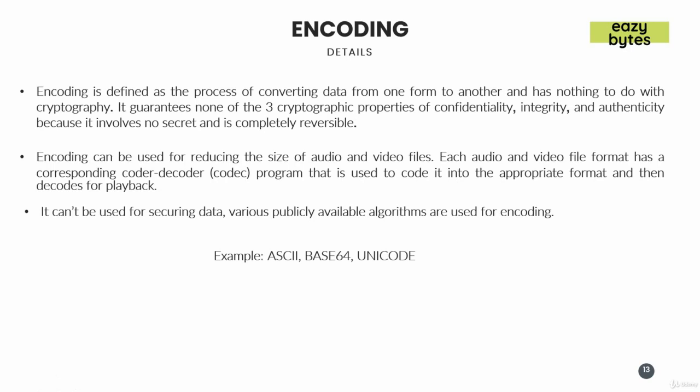But where do we use encoding? We use it mostly for converting data from one form to another, like for compressing my data. Like I want to send data to the backend, but instead of sending it in its original form like an image or audio, I'll compress it into a binary format, which means I encode it into a binary format and send it to the backend, and my backend will have a decoding mechanism to derive the original format.